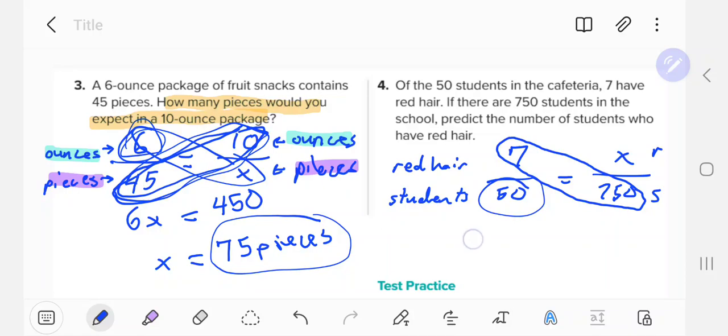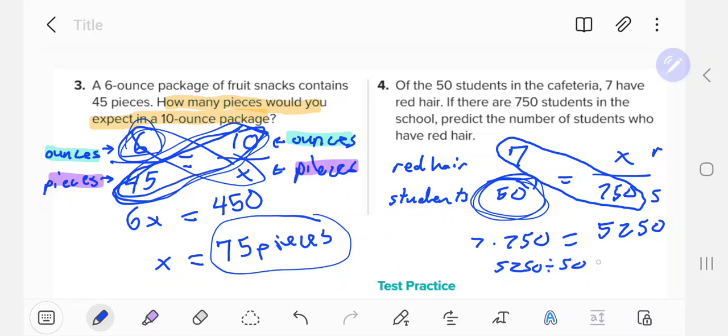So we're going to do 7 times 750, and that gets 5250. And then we're going to divide by that last number there. So 5250 divided by 50 gives us 105.